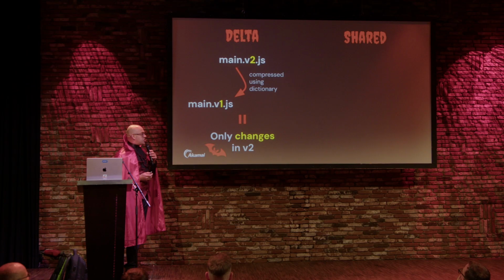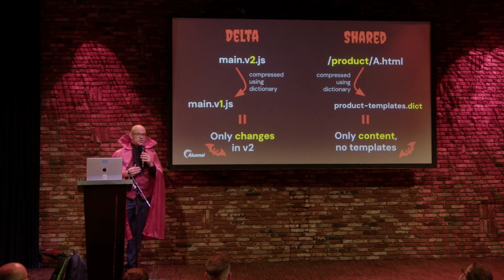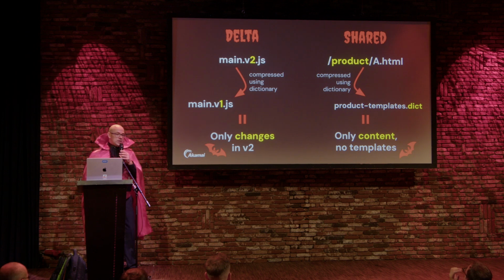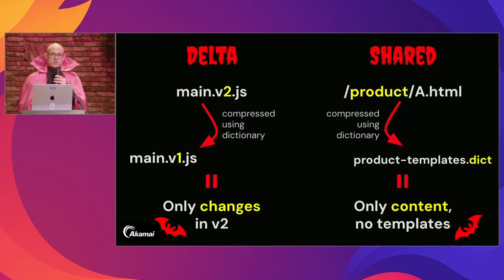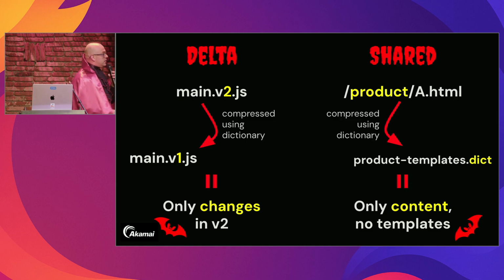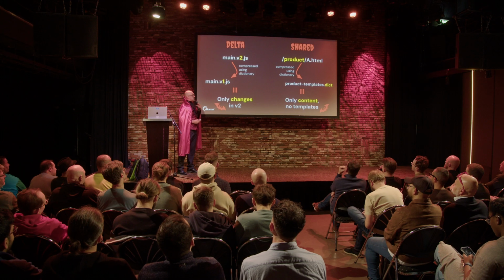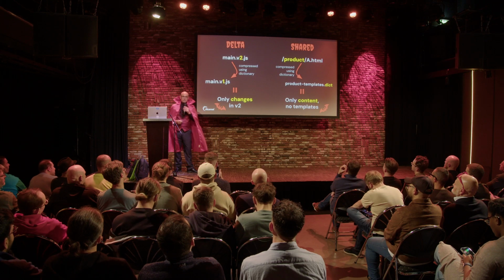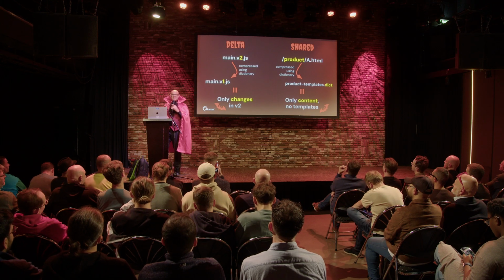The second mode is shared, where you reuse a single dictionary across multiple resources. For example, let's say you have HTML templates used on all your product detail pages. You can put them in one dictionary, and then every page compresses relative to that, and you get as output only the content of that page for the product, not the entire HTML.